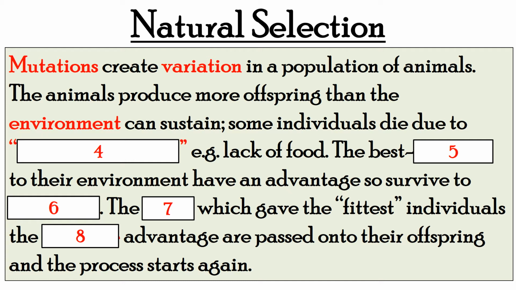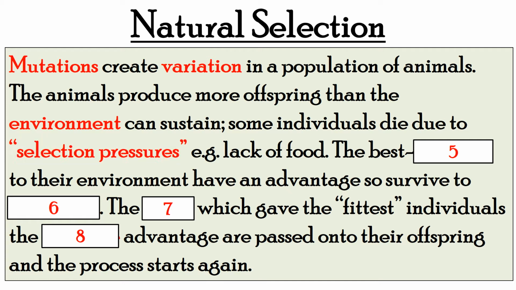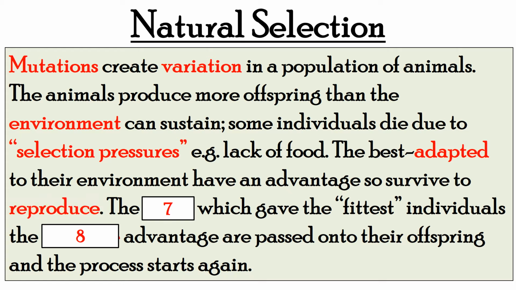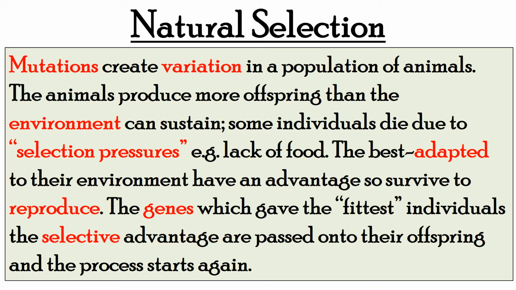Some individuals die due to selection pressures, e.g. lack of food. The best adapted to their environment have an advantage, so survive to reproduce. The genes which gave the fittest individuals the selective advantage are passed on to their offspring, and the process starts again.